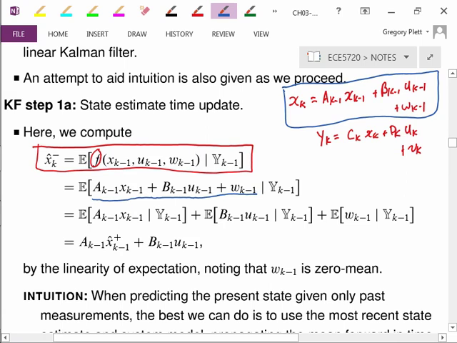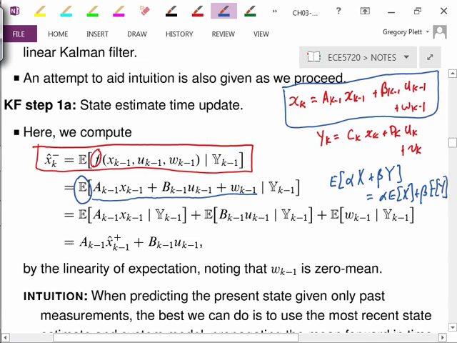A very important property of the expectation operator is that it's linear, which basically says that the expected value of alpha times random variable x plus beta times random variable y is equal to alpha times expected value of x plus beta times expected value of y.